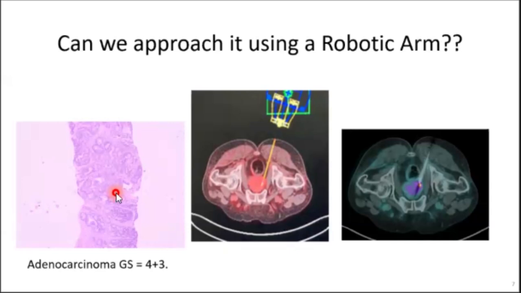Dr. Prajwal will tell you what are the basics of pathology, how metabolic biopsy is being done, and what are the advantages of the robotic arm. Then Dr. Siddharth will come and he will tell us what is our experience and what literature is saying about the metabolic biopsy. Dr. Prajwal, please.